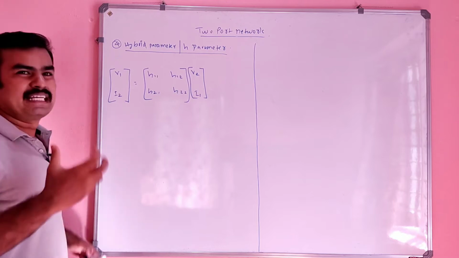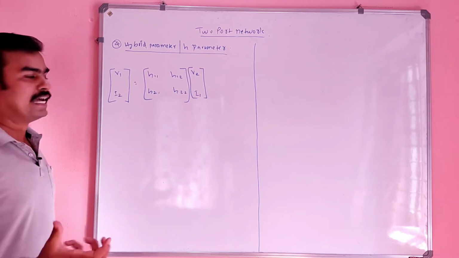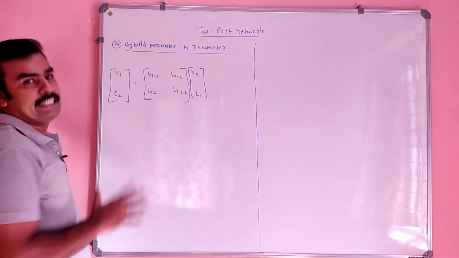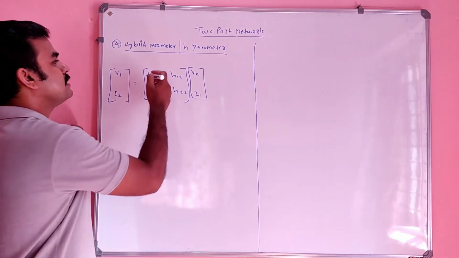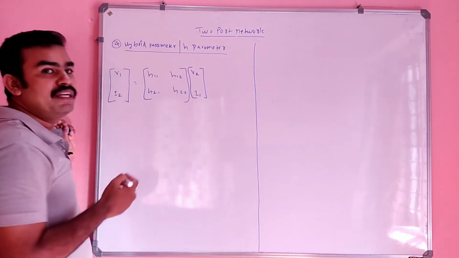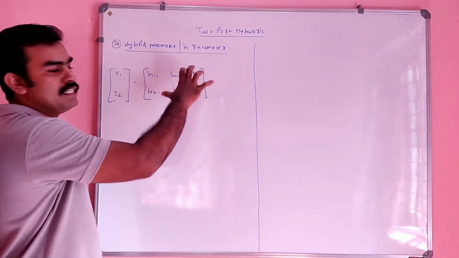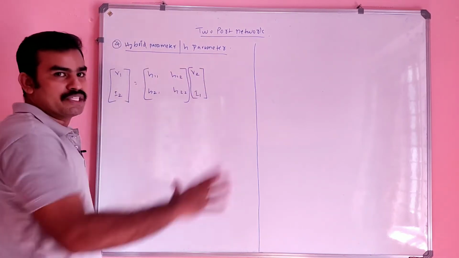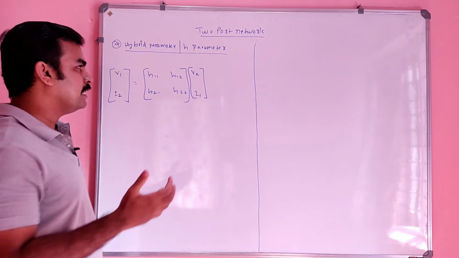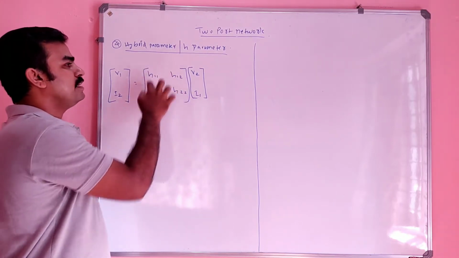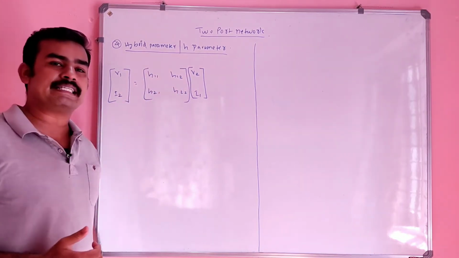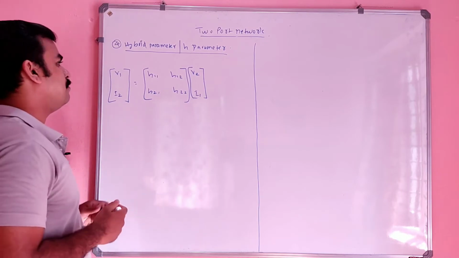If a network satisfies this condition, then these are called the H parameters of the network. If a network satisfies this voltage equation or this matrix equation, then we can say that this matrix is called the H parameter matrix.